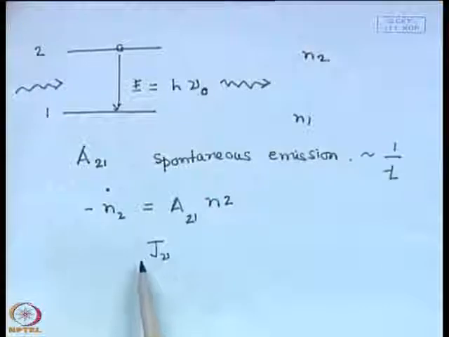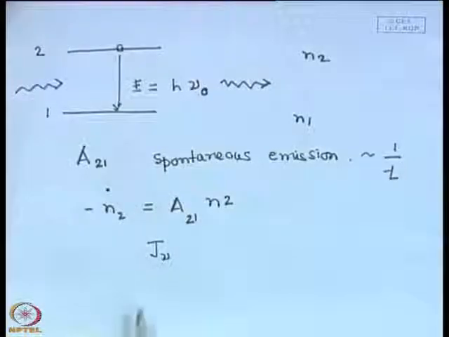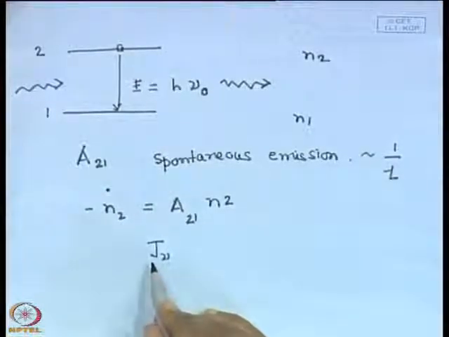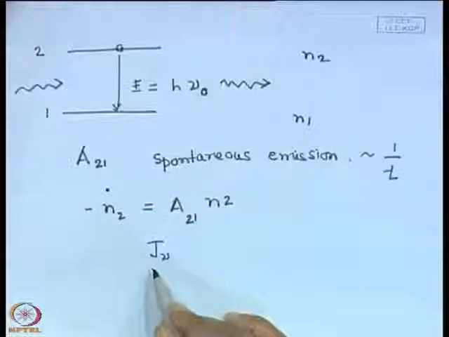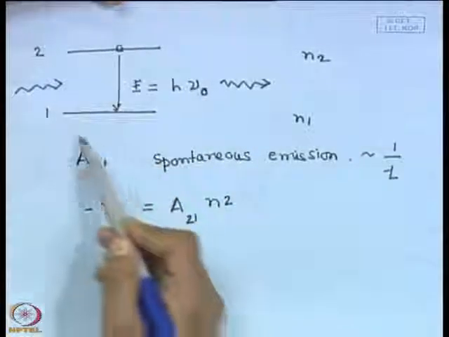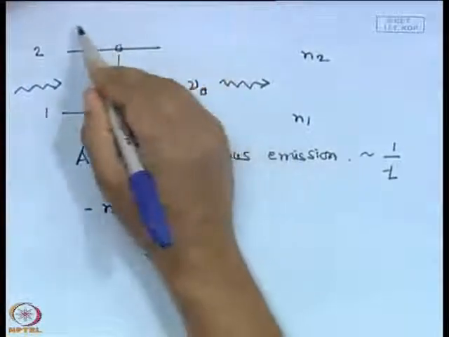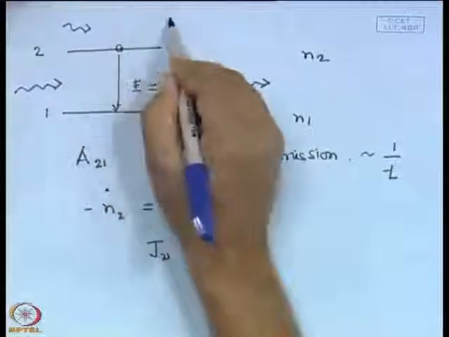So if there is radiation incident with angle averaged specific intensity, where J is the brightness of the radiation averaged over all angles, we are assuming that this excitation can be brought about by radiation coming in any direction.